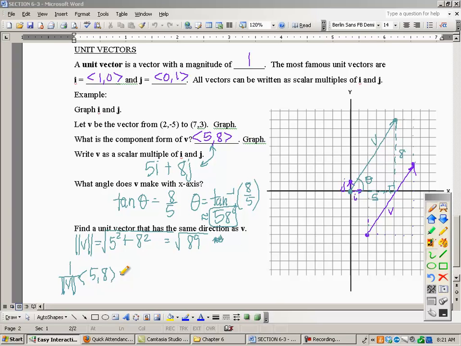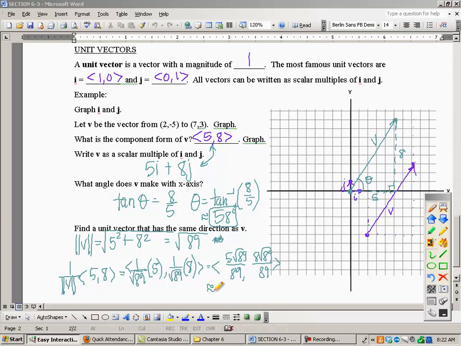So I'm going to say 1 over the square root of 89 times 5, and 1 over the square root of 89 times 8. If I asked you to rationalize this denominator, you would find that you get 5 square root of 89 over 89 and 8 square root of 89 over 89. That's in exact form, where you rationalize the denominator.